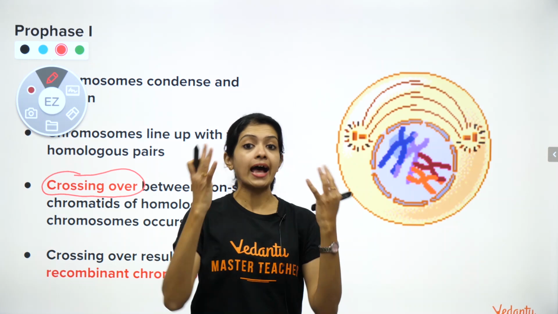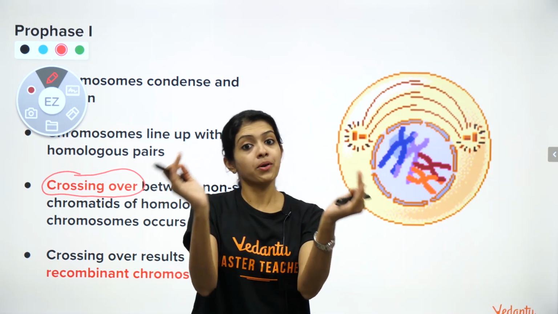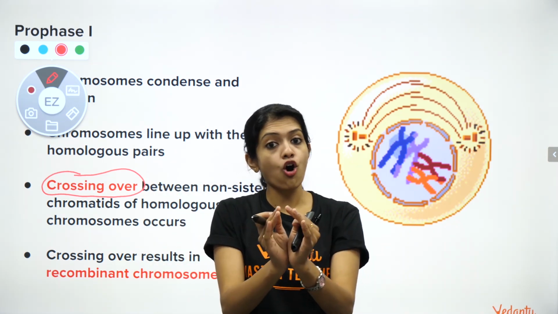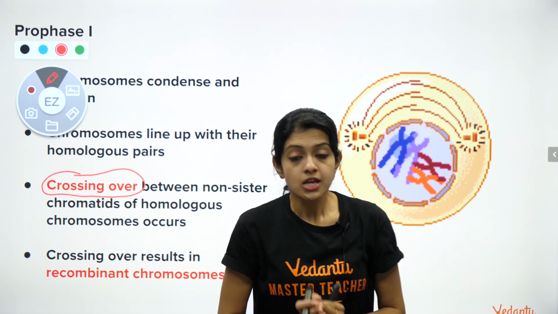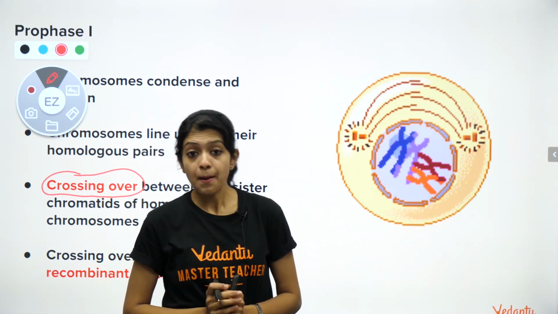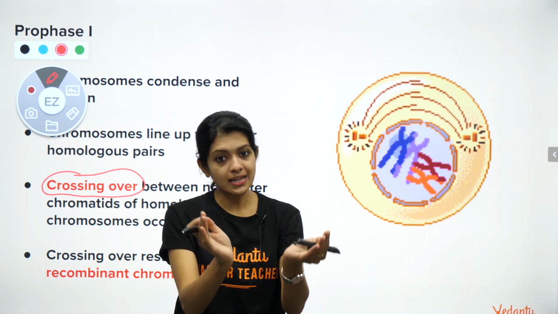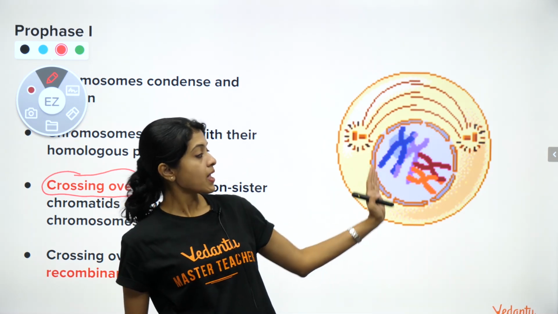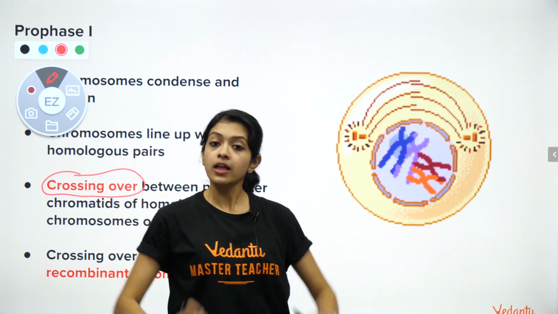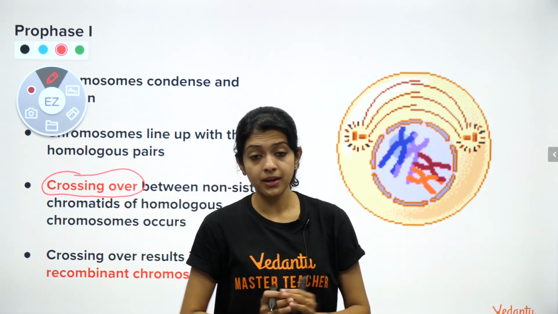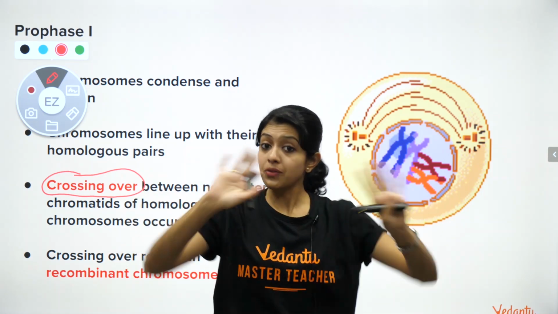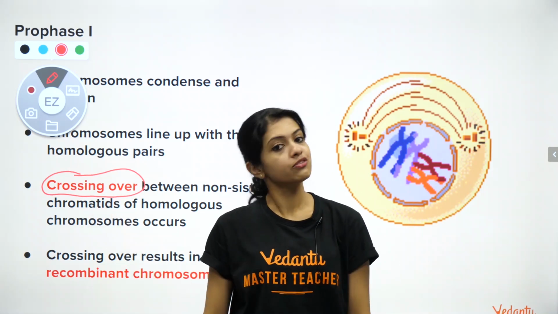And because this has to happen, the nuclear membrane should not come in the way of movement of chromosomes. So as soon as prophase begins, the nuclear membrane begins to degenerate. By the time the cell enters the next stage, the nucleus would have completely disappeared and the chromosomes would be released, and then movement can freely happen.